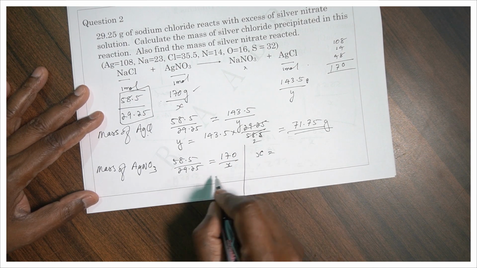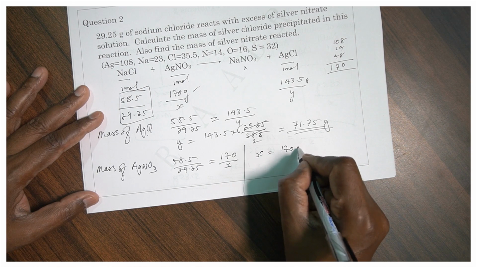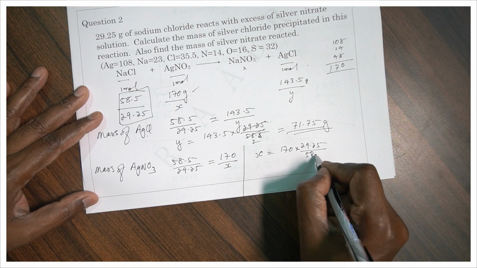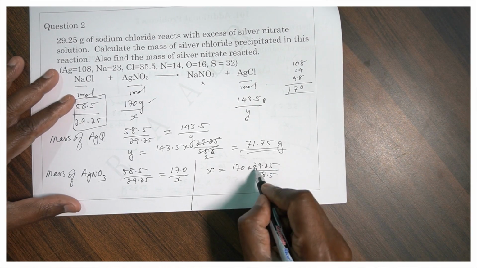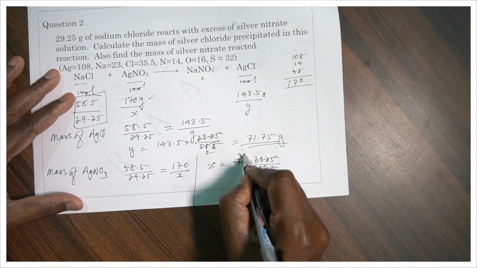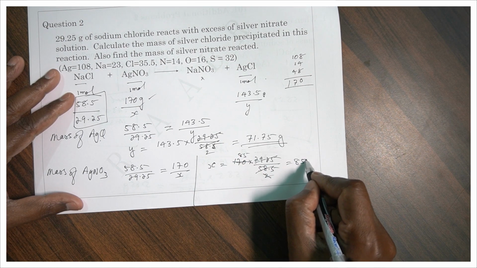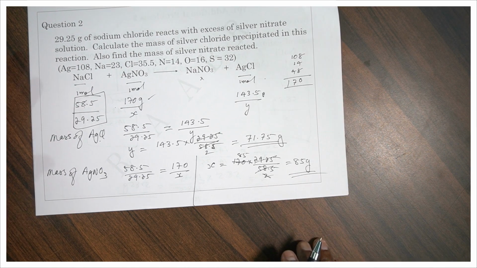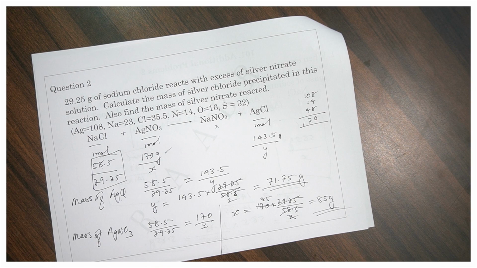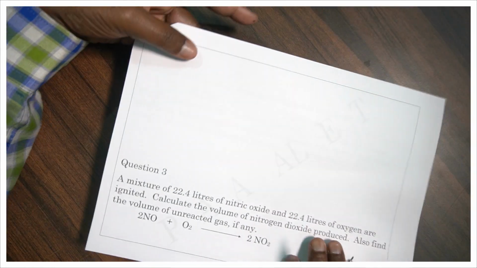X is equal to 170 into 29.25 upon 58.5. Yes, so this will cancel 2, so this will be cancel 85. It's equal to 85 grams. Okay, I think you got it. So you can solve this question again and check if you get the same answer.